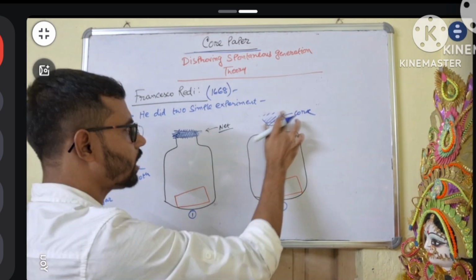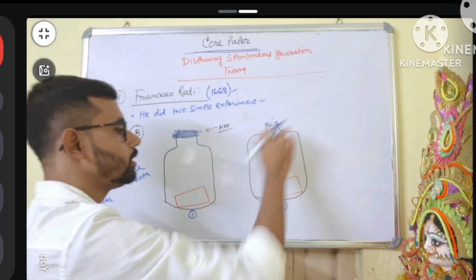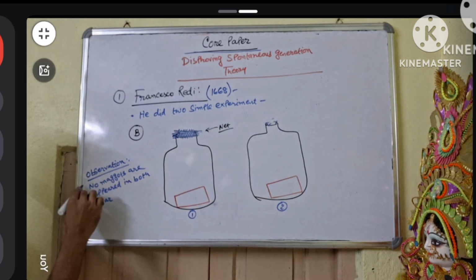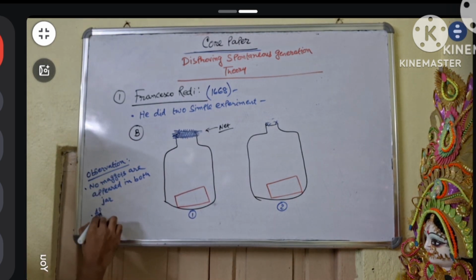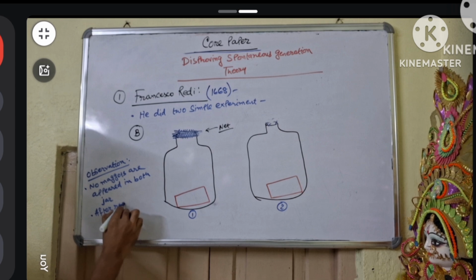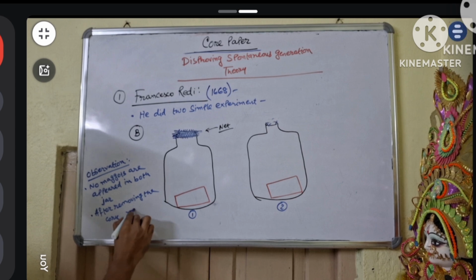But when you remove the cork, it will come. After removing the cork, maggots appear in jar 2.